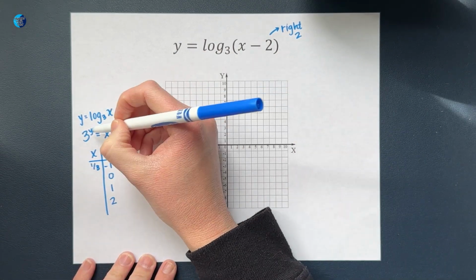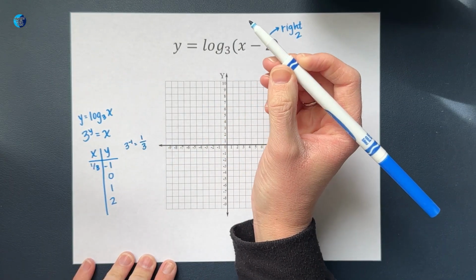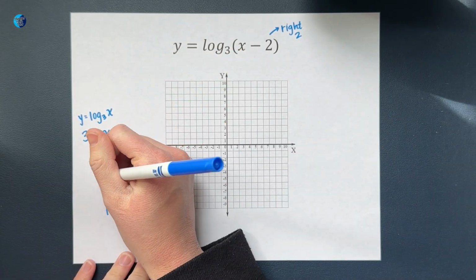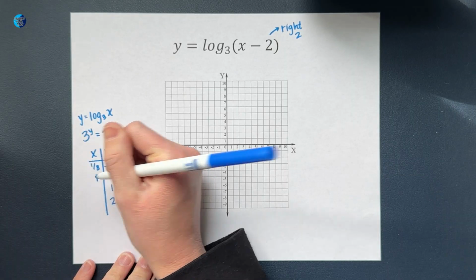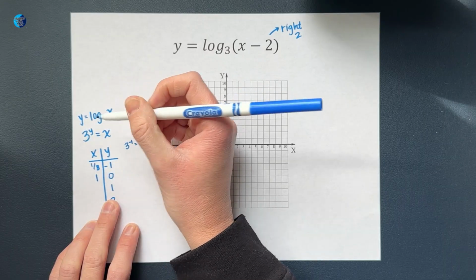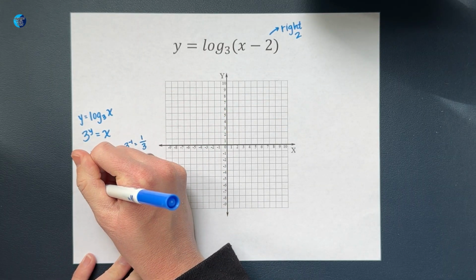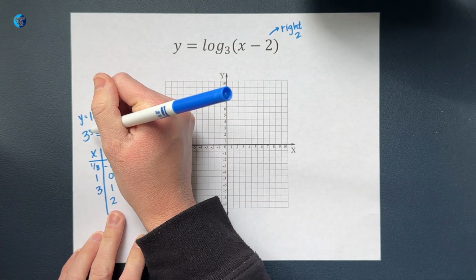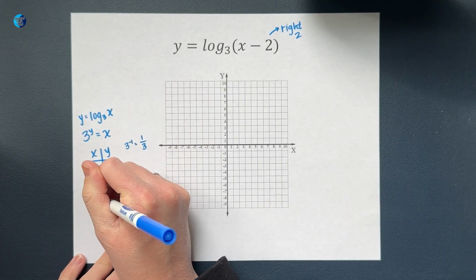When I plug in 0 for y, 3 to the 0 power, well, anything to the 0 power is 1. Again, I'll link a video explaining. If I plug in 1 for y, I get 3 to the 1st, which is just 3. If I plug in 2 for y, I get 3 squared, which is 9.